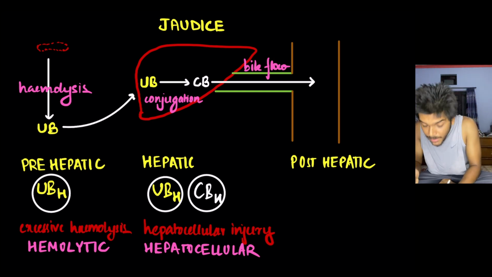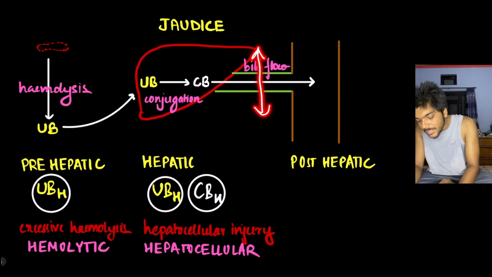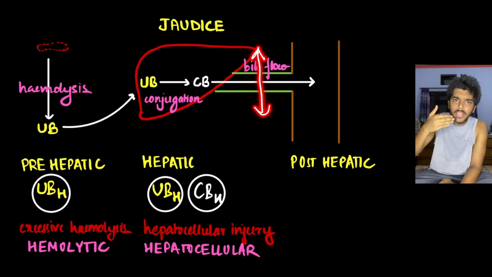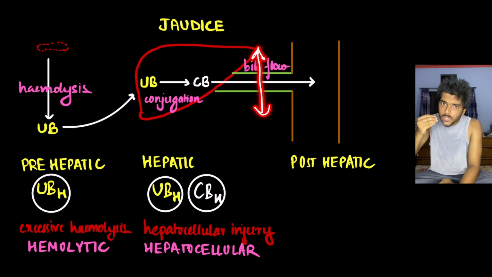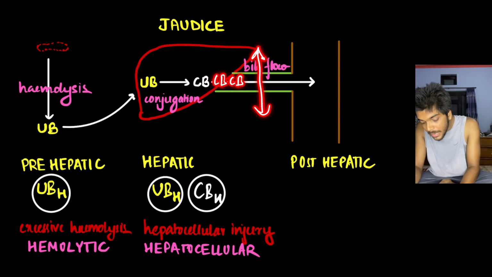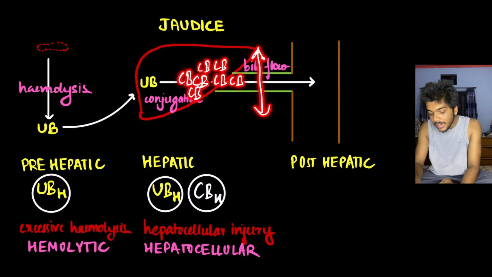But within this bile flow, if obstruction occurs anywhere within the liver or outside the liver, what will happen? Conjugated bilirubin will accumulate within the hepatocyte. It won't get into the duodenum. Now the escape door is closed due to obstruction.